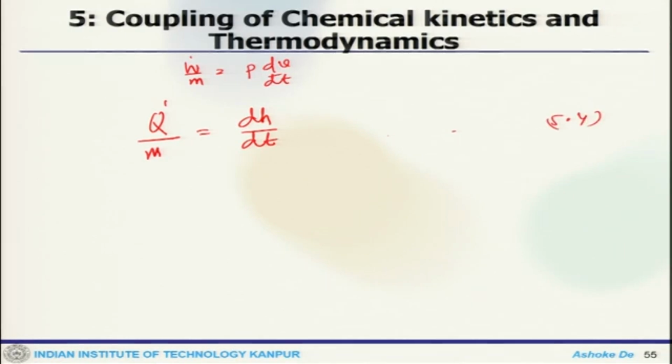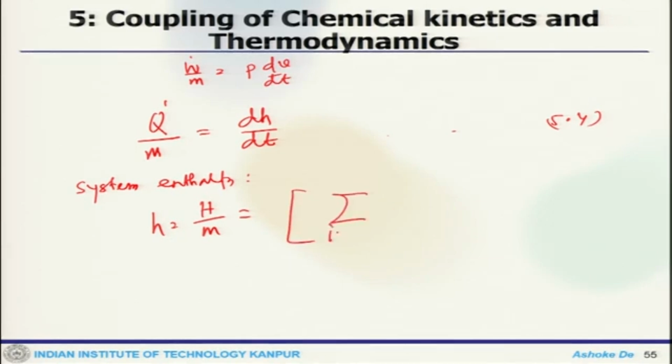Now, the system enthalpy we can estimate in terms of composition. H equals H bar mass, which is the summation over all the species of Ni Hi by mass, so you can calculate these things.